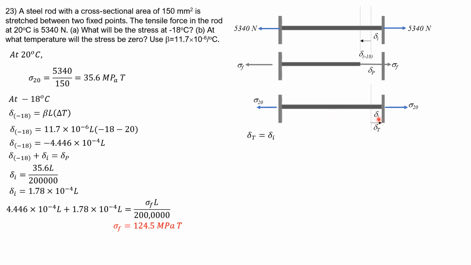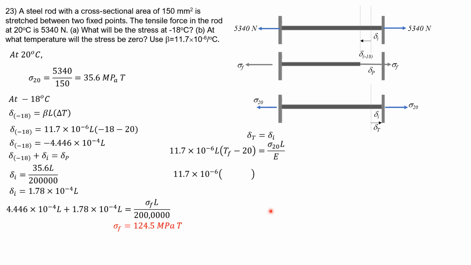The delta T due to thermal expansion should be equal to this displacement delta initial. So beta, 11.7 times 10 to the negative 6, times L times delta T, final temperature minus 20 degrees Celsius, equals stress at 20 times L over E. So you can cancel L. Stress at 20 is 35.6.